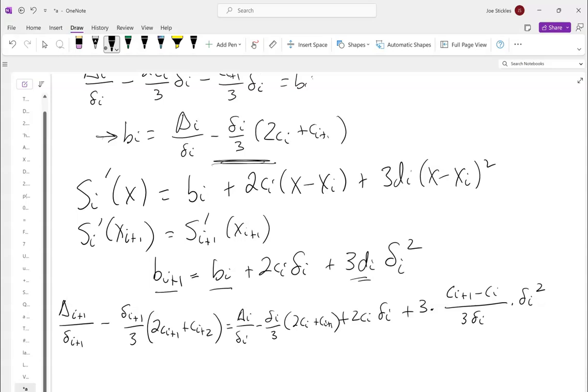Now again, the whole idea here is that we're going to set up a system of equations. So we have a whole bunch of unknowns. We have n unknowns here, right? I've got C1 up to Cn unknowns. This gives me currently n minus 2 equations, because it does not give me an equation for the first C, the C1, because that's at the left endpoint.